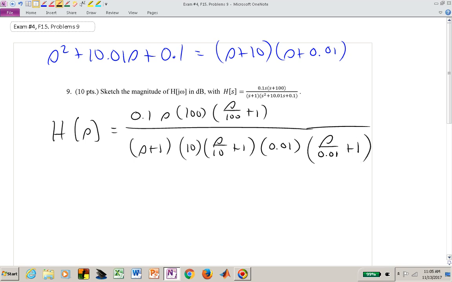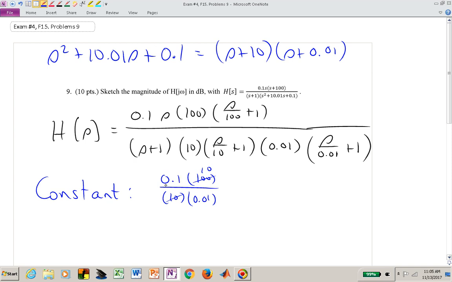We need to find our constant. Our constant is now going to be 0.1 times 100 over 10 times 0.01, and hopefully all of those end up giving us a net of a 10.